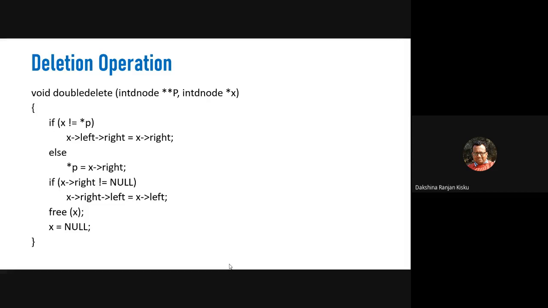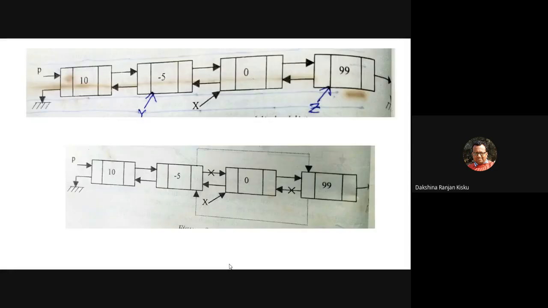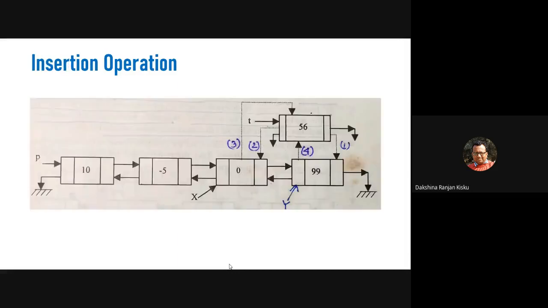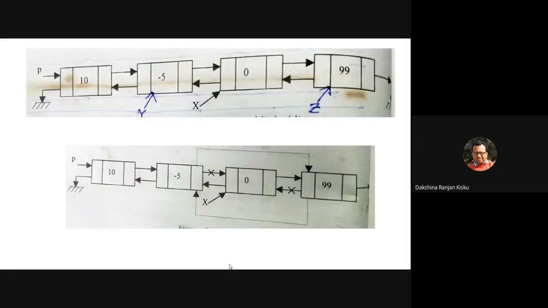Let us look at the illustration. x left points to the previous node of the node which is pointed to by x, and x left right is the right pointer of the node pointed to by y. So we are making x left right equals x right. That means it points to the next node of the deleted node.